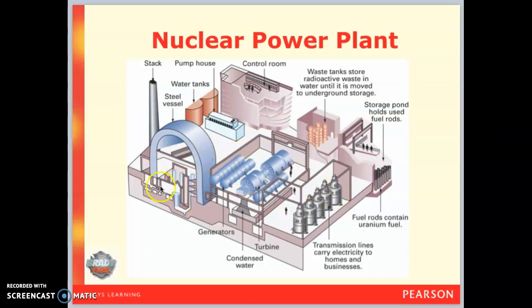Once the reaction is completed, the fuel rods are held in this storage pond here, and they contain the somewhat used uranium, or once the uranium is completely spent, it goes into the waste tanks down over here.